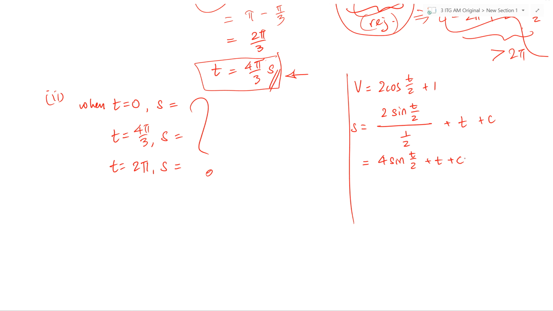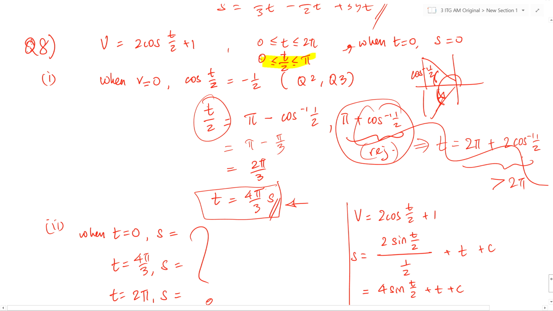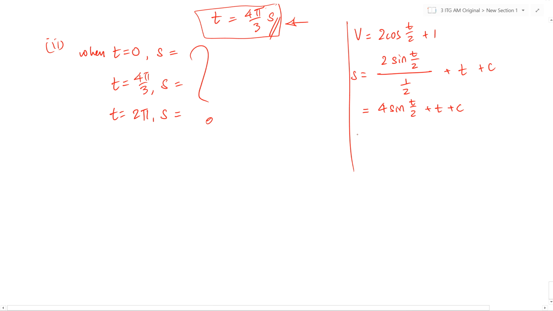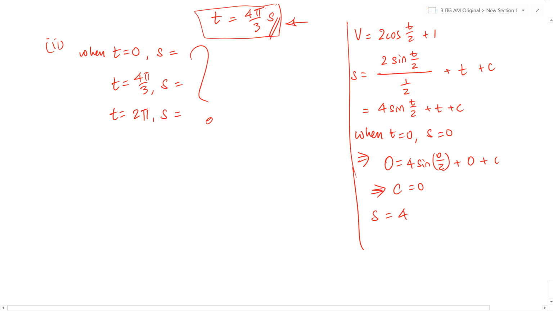In the question, they say that t seconds after passing O. So early on, when we started this question, we already said that when t is 0, s is 0. Substitute it. When t equals 0, s equals 0. Okay. 0 is 4 sine 0 over 2 plus 0 plus c. Sine of 0 is 0. C equals 0. So my expression for s, the displacement, is 4 sine t over 2 plus t. So we have already answered the first one.